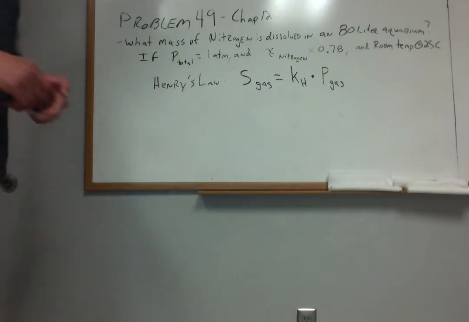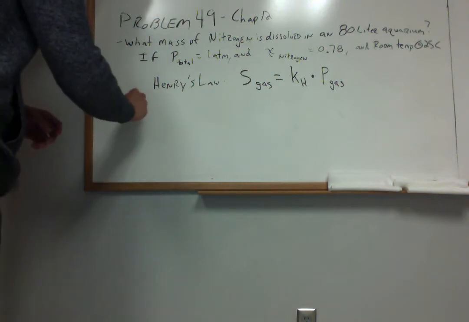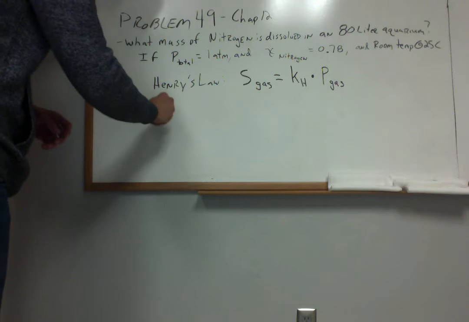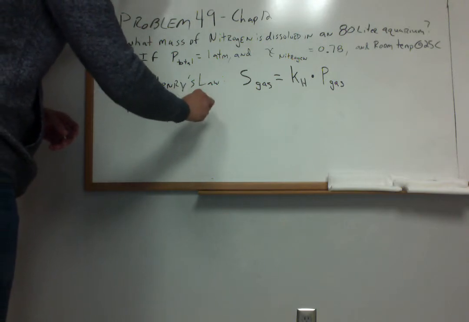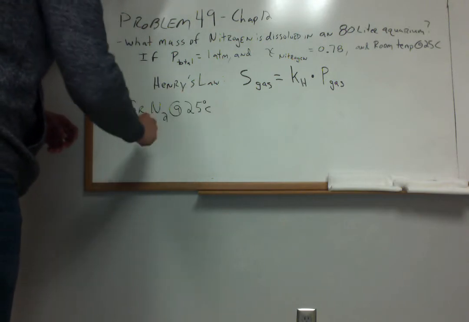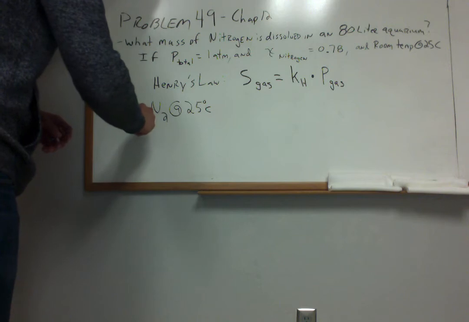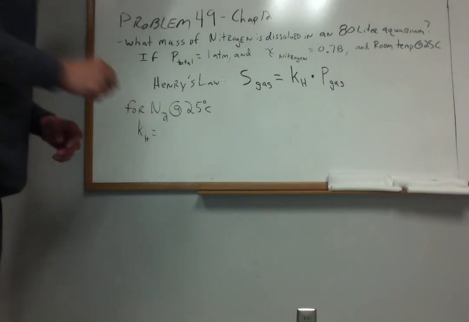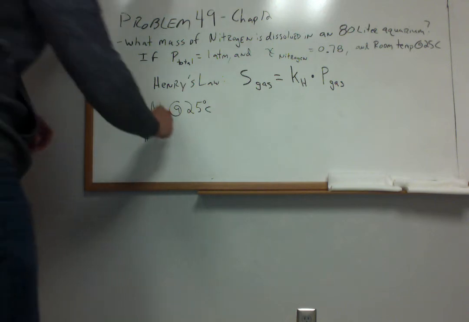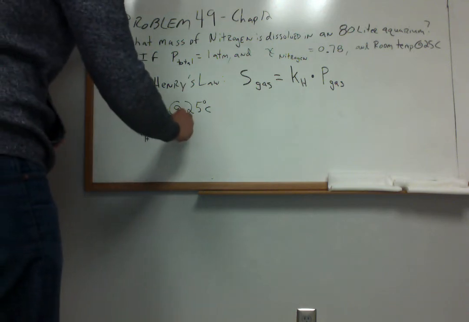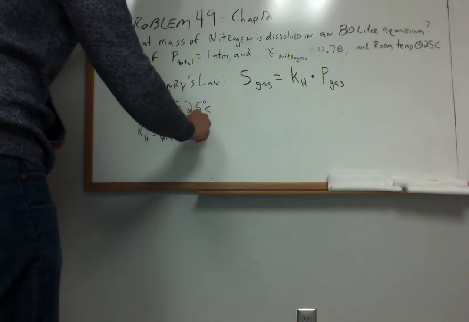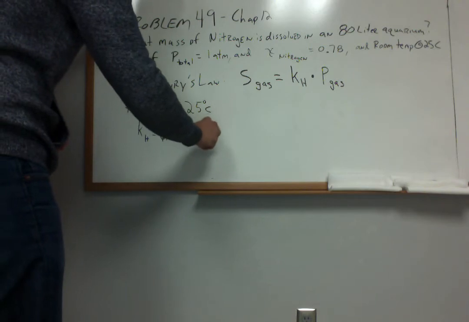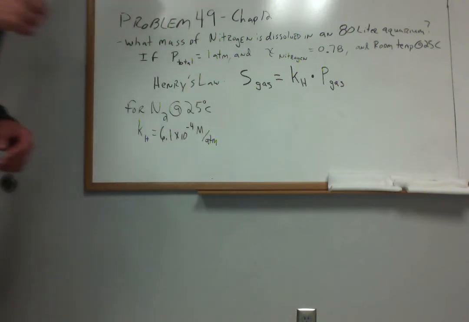Okay. Now for nitrogen, N2 at 25 degrees Celsius, I can look up my tabular value of Kh. It's in your textbook. Its value is 6.1 times 10 to the minus 4 molar per atmosphere.